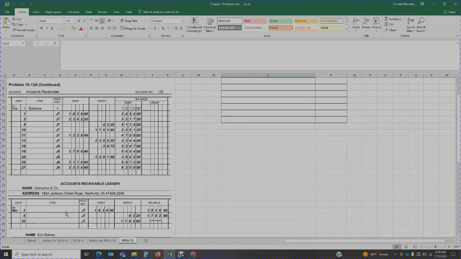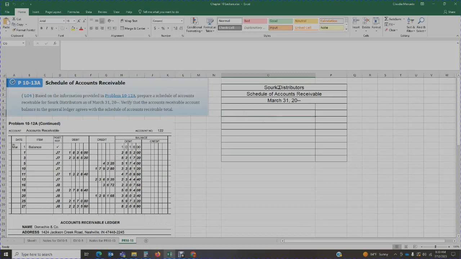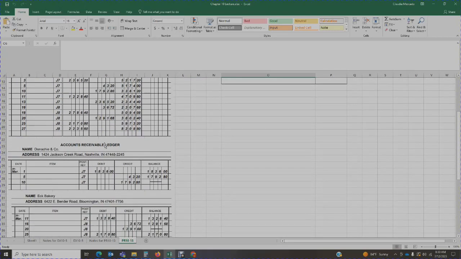What we're going to do is start with the name of the business. The name of the business is Sorg Distributors. This is a schedule of accounts receivable as of March the 31st. We are going to go through the listing and bring in the customers in alphabetical order.